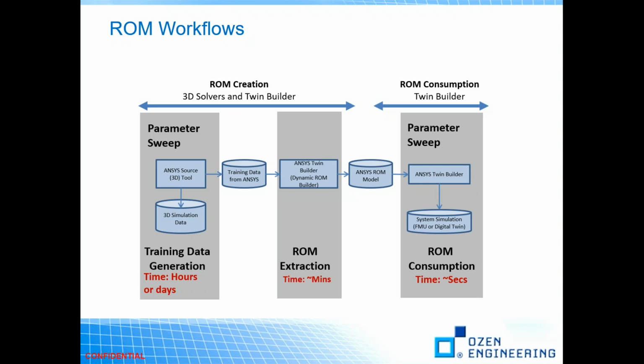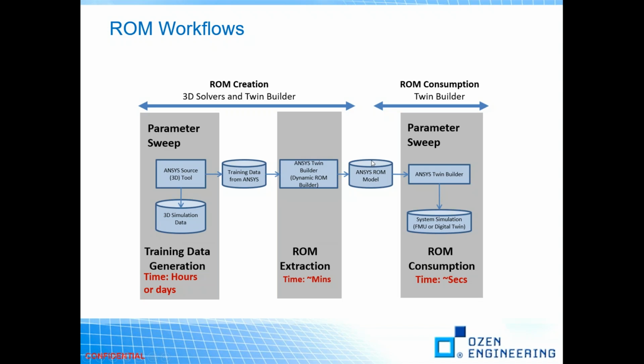This extraction takes only minutes, rather than hours or days. Once the software is trained by the data, you can extract the ROM, and you will end up with an ANSYS ROM model, which will be just like a .fmu or a Maxwell project.